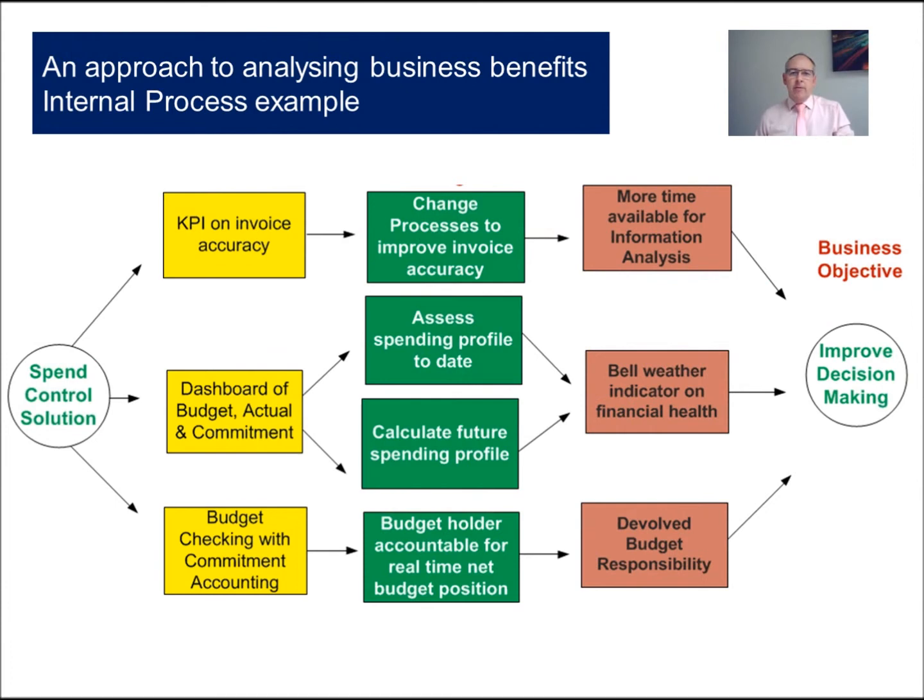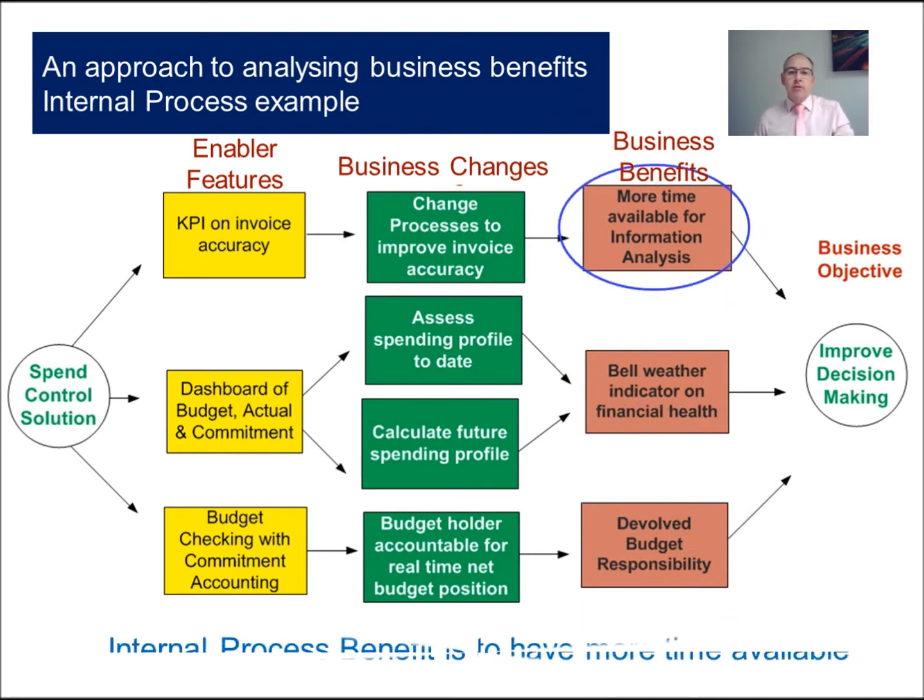Another one of the benefit dependency chart video podcasts looked at how we improve decision making. Now again, we've got our enabler features, we have our business changes, and we have our business benefits. And improving the internal processes, the first one was around having more time available for information analysis.